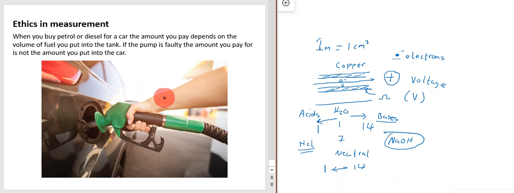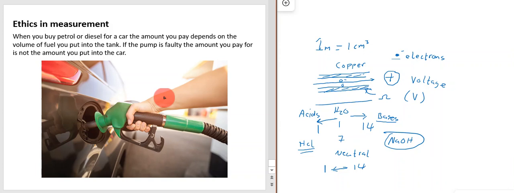This is very, very important. When you buy petrol or diesel, for example when your parents buy petrol, or when you get your license and are able to drive, the amount you pay depends on the volume of fuel you put into the tank. If the pump is faulty, the amount you pay is not the amount that you put in the car.